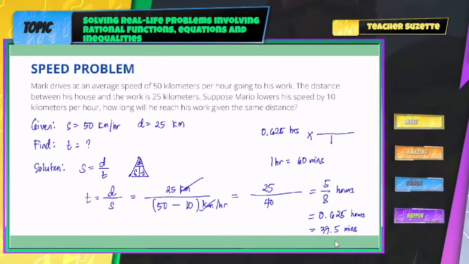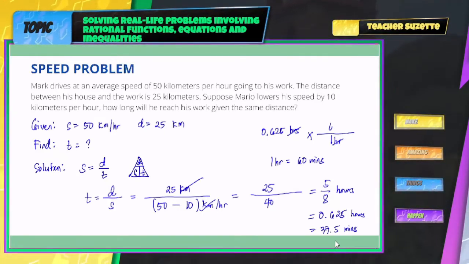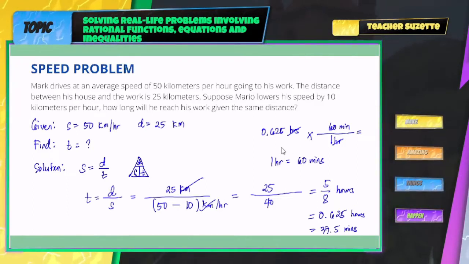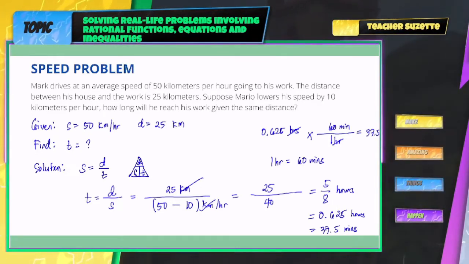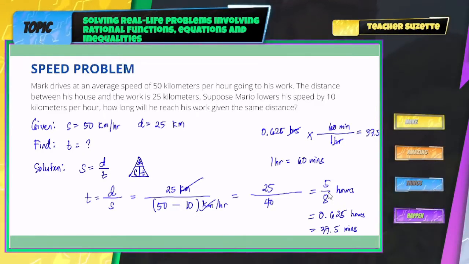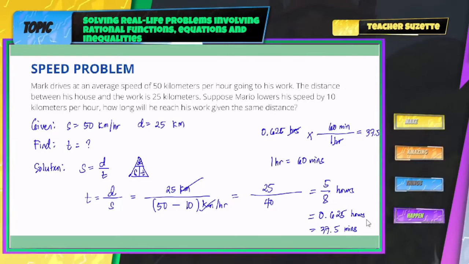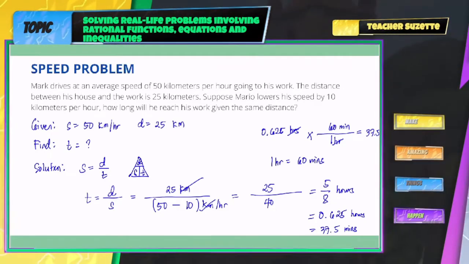Dahil ang kino-convert natin is hour, sa denominator siya para ma-cancel. Then, yung 60, ilagay natin sa taas. So, therefore, pag pinag-multiply mo yan, 0.625 times 60 is equal to 37.5. Kaya po, ang ating equivalent ng 5/8 hours or 0.625 hours is equal to 37.5 minutes.